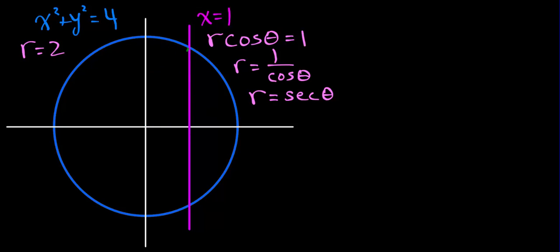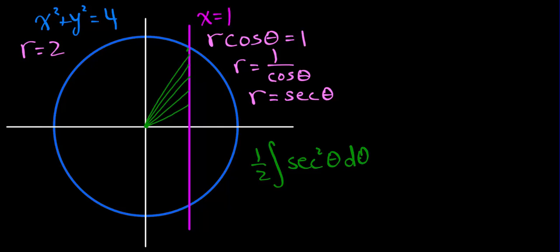Let's think about when we're going this way. We've got these radii, so we're going to integrate 1/2 secant squared theta d theta until we get to right there.